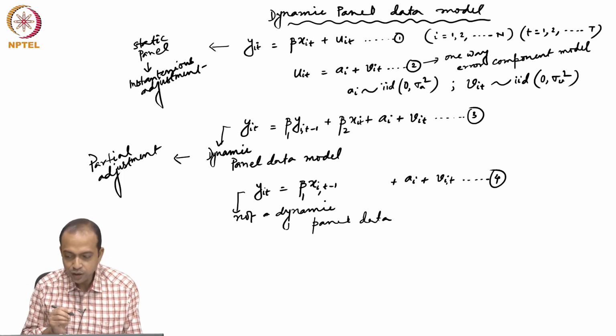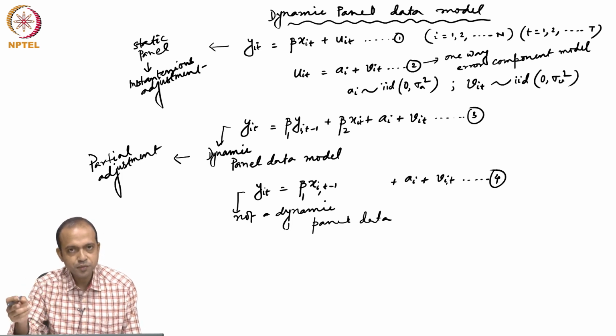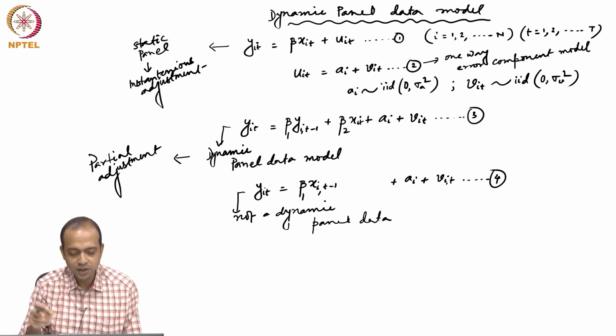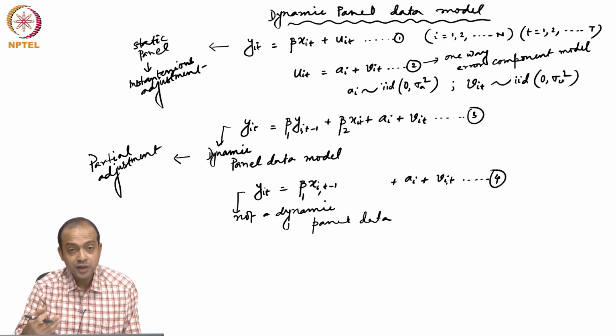Why is this a one way error component model? Because I have introduced only the individual specific time constant effect. I have not introduced anything which accounts for the time effect. That means I have not assumed that the times are also different among each other.